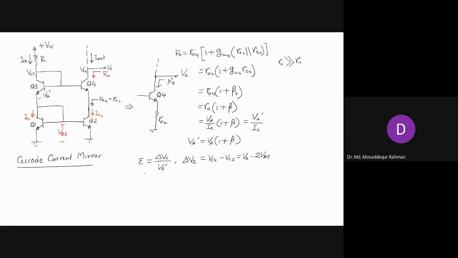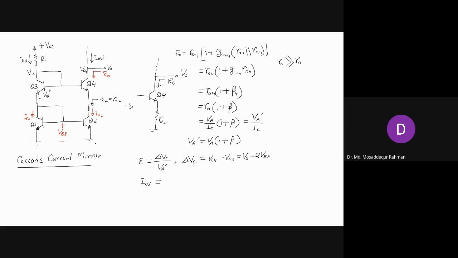What will be the input current expression for the I in? It's very easy, no?